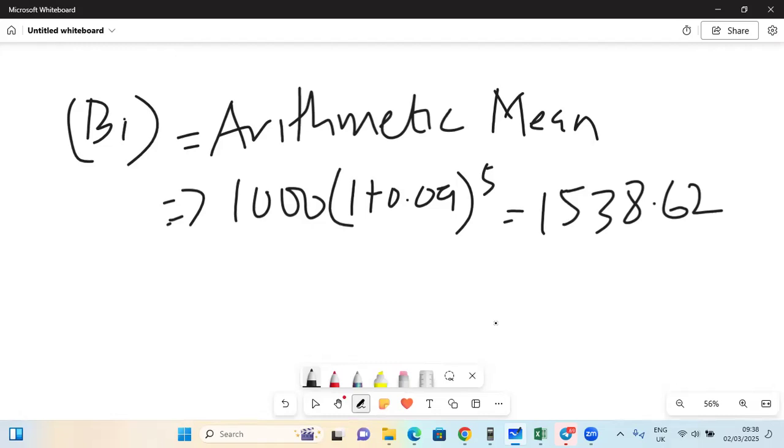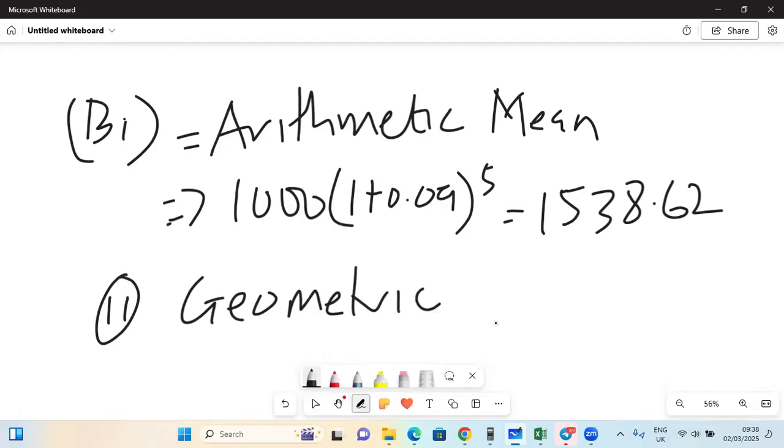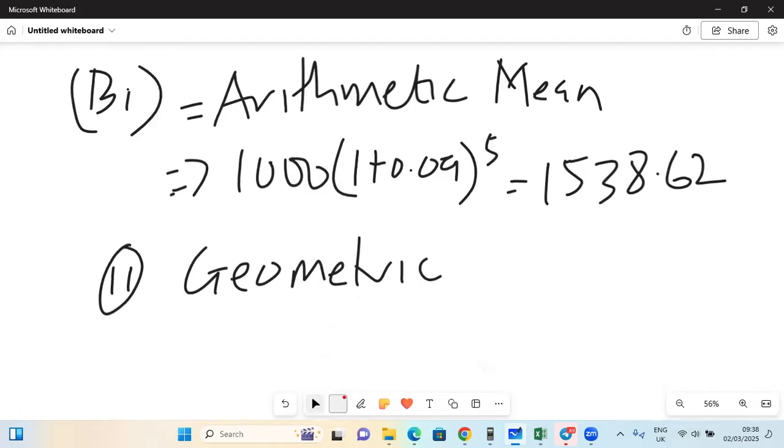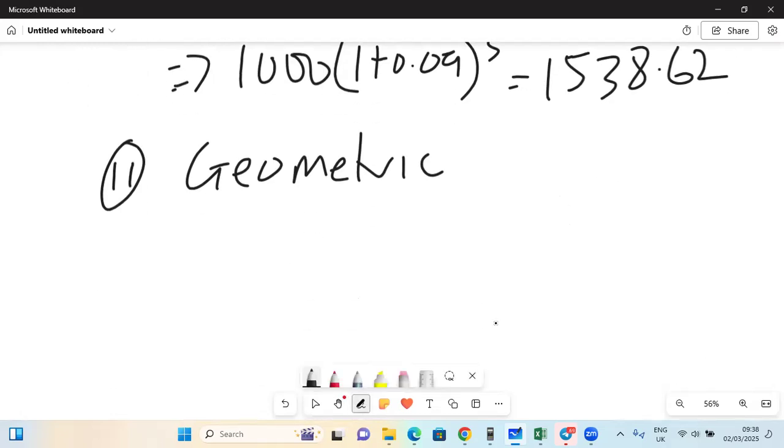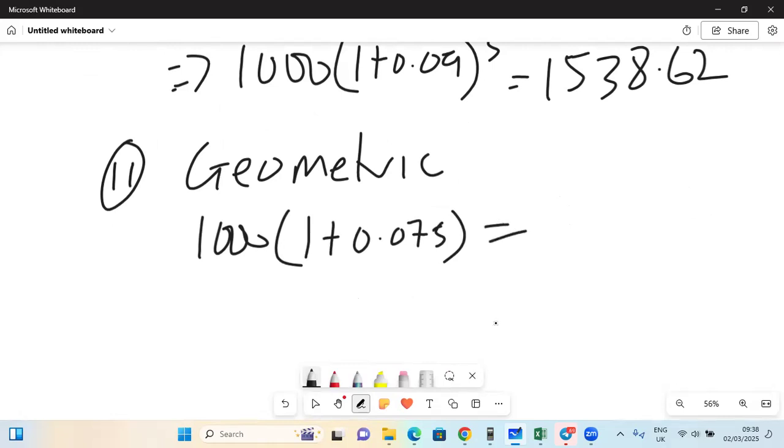And then for part two, geometric. When it is based on the geometric mean, then he's going to earn 1,000 into brackets 1 plus 0.075, raised to the power 5.